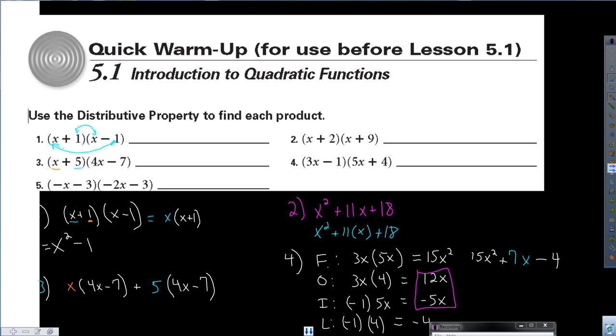Oh, Mr. Claxton, you made a mistake. It's okay as long as I go back and correct it. Going to multiply times the quantity x minus... so frazzled, made another mistake. All right. I'm going to multiply times the quantity x minus 1.